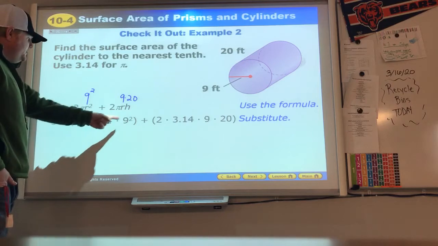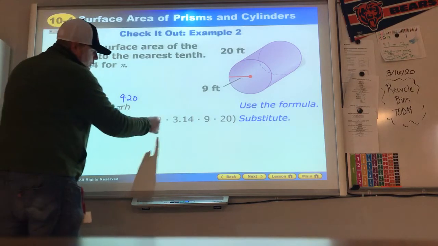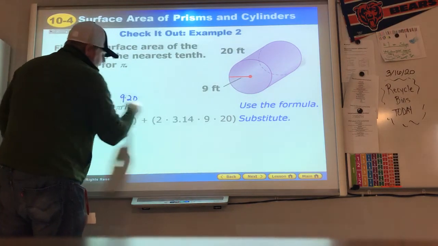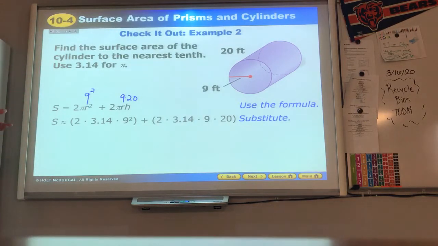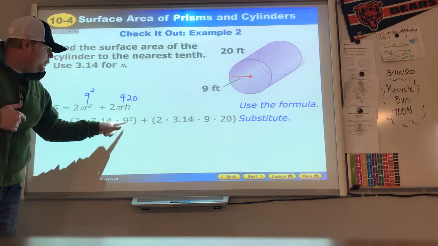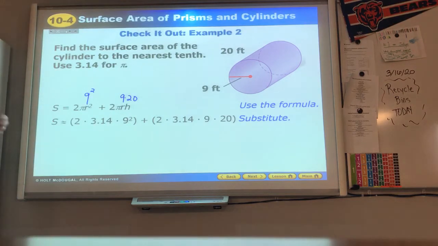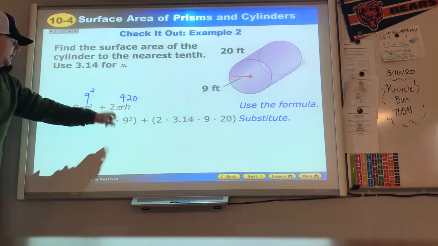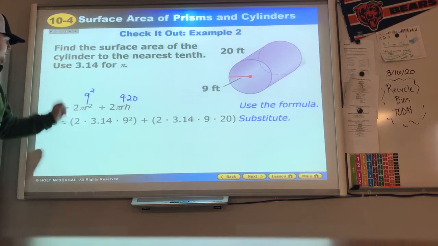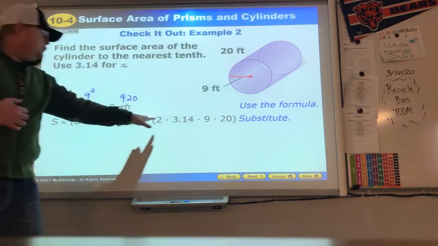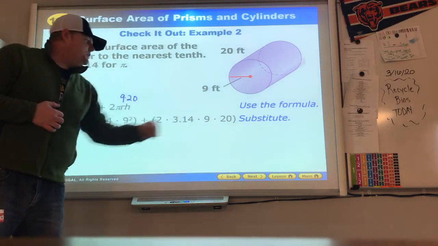2 times 3.14 times 9 squared. Yes. 2 times 3.14 times 9 times 20. Yes. You've got it right. Now you simply have to do the math. Remembering, must square first, then multiply. So I'm going to take 81 times 3.14 times 2. And I'm going to take 2 times 3.14 times 9 times 20.